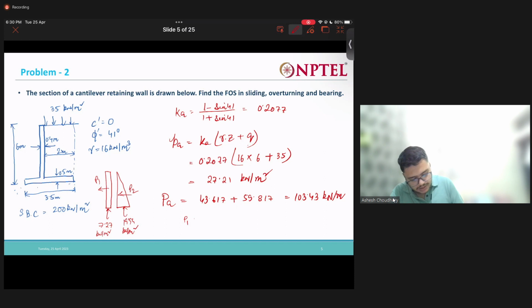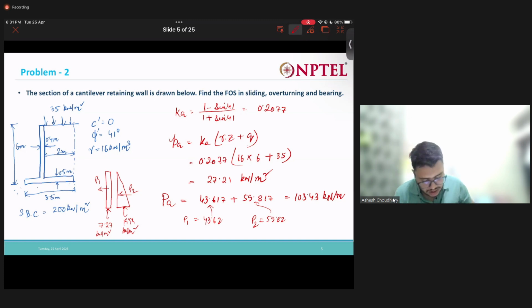My P1 is how much? 7.27 into 6, so 43.62, and my P2 is half into 19.94 into 6, 59.82, this much, right? Okay, so we got that.